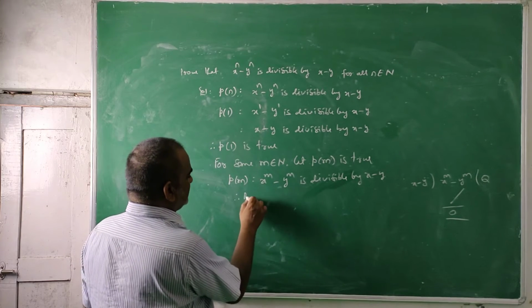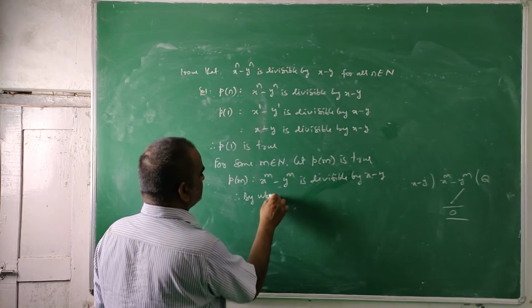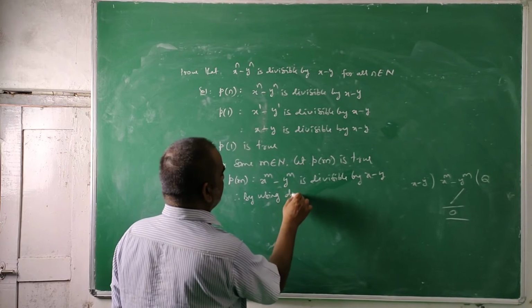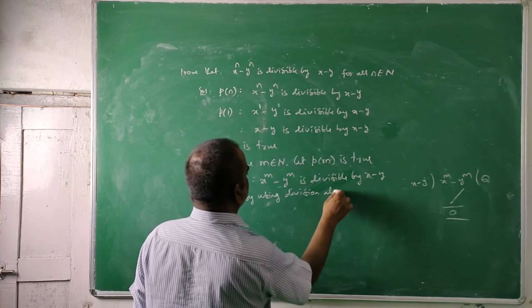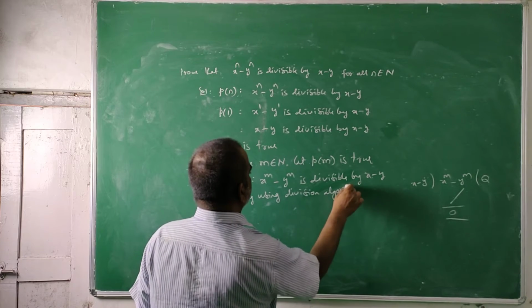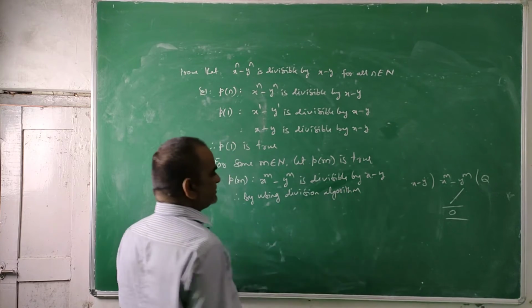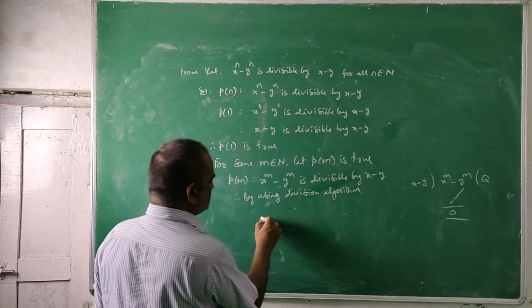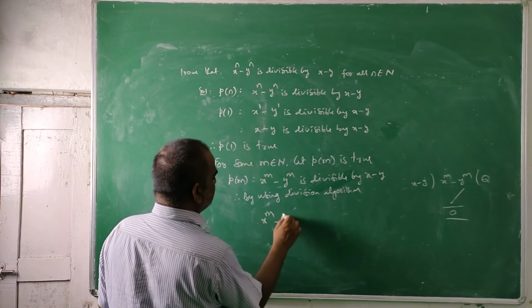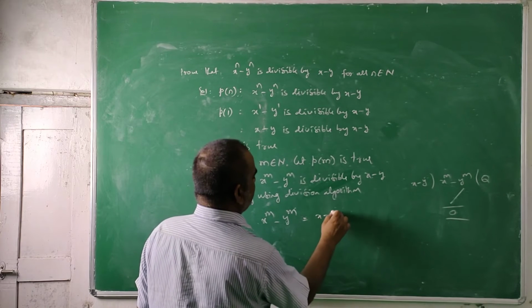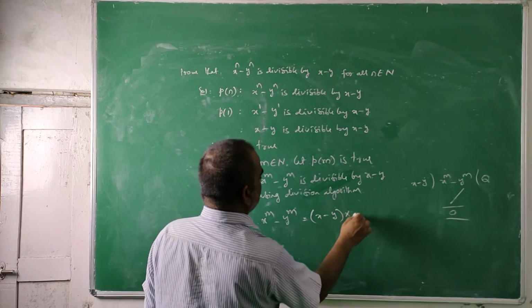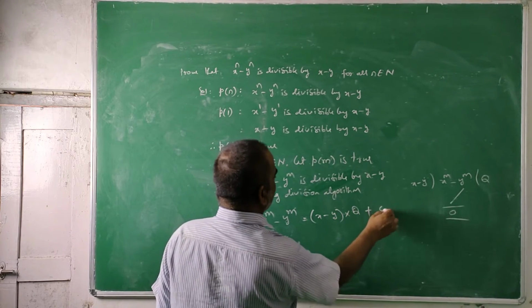Therefore, by using division algorithm of polynomials, you get x power m minus y power m, dividend is equal to divisor into quotient plus remainder.